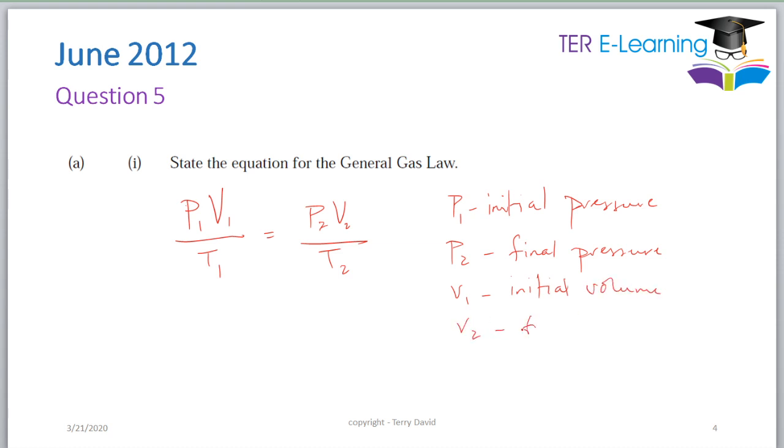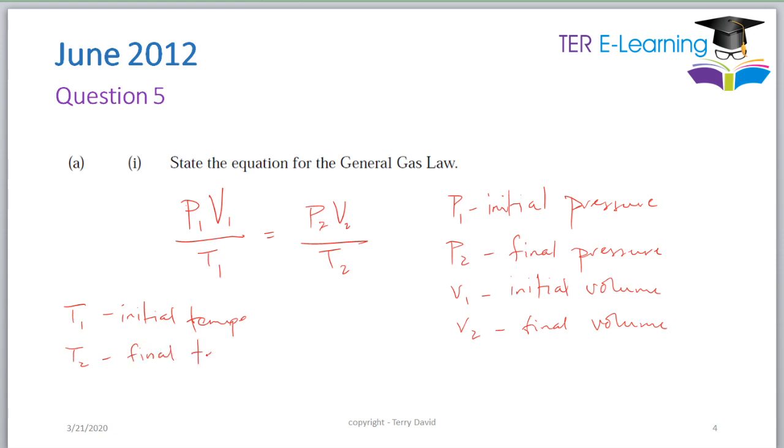V2 is final volume. And again, you need to state what T1 and T2 are. So T1 is initial temperature. T2 is final temperature.